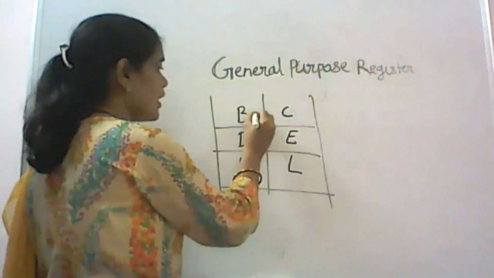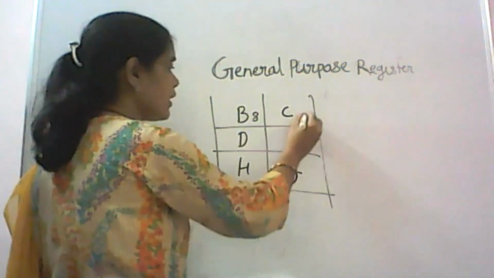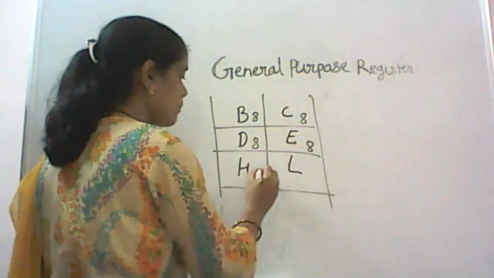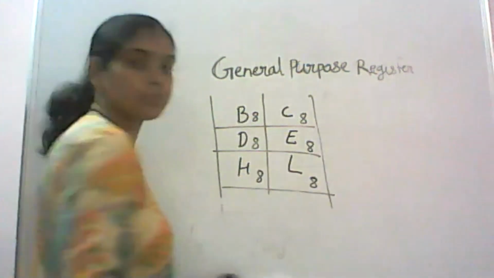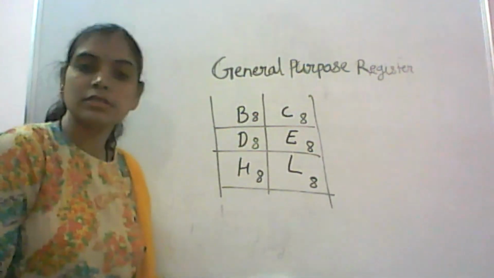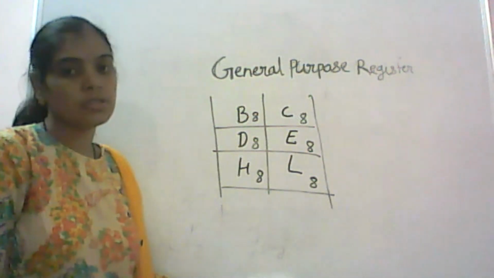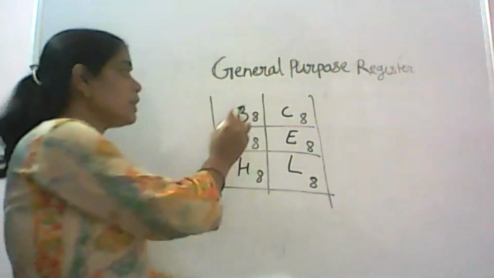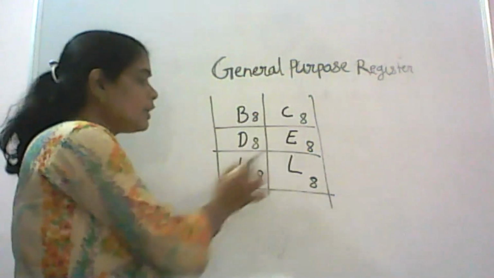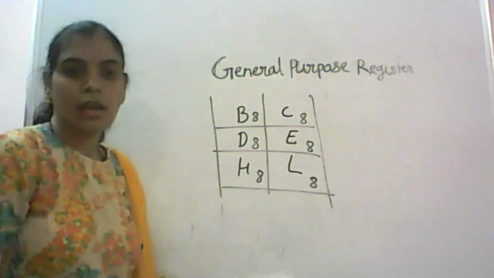These registers are 8-bit. B register is 8-bit. There are 6 8-bit general purpose registers. Okay, here namely B, C, D, E, H, and L.